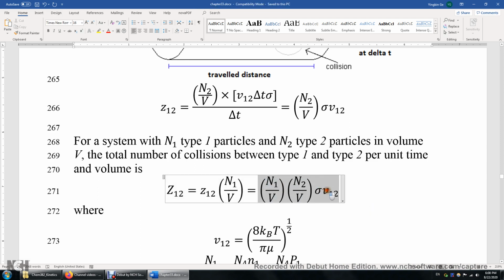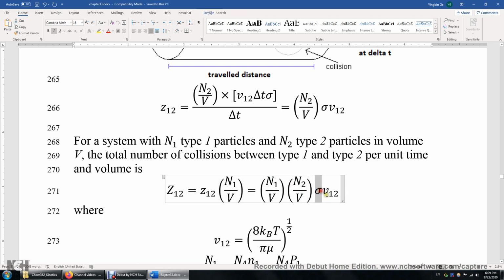And this equation tells us the total number of collisions per unit time per volume is proportional to the number density of type 1. It's also proportional to the number density of type 2. So if you have learned the bimolecular reactions, the reaction rate is proportional to the concentration of type 1 and the concentration of type 2.